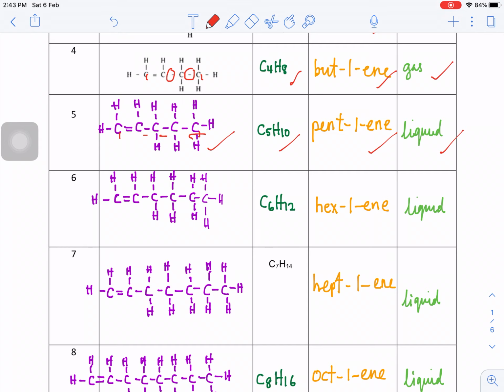Number 6, we have 6 carbon and 12 hydrogen. 1, 2, 3, 4, 5, 6, 7, 8, 9, 10, 11, 12. The name is hex-1-ene because the double bond is located at carbon number 1, and it is also liquid at room temperature.